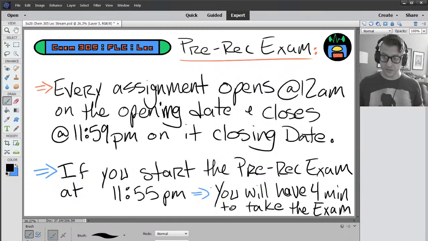If you want to use the full 36 minutes, then you must begin 36 minutes before it closes. You're not getting more study time, you're just shortening your exam time. So I do not recommend doing that. I definitely recommend starting with plenty of time to go.